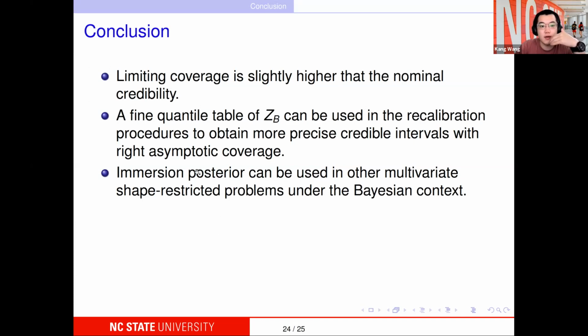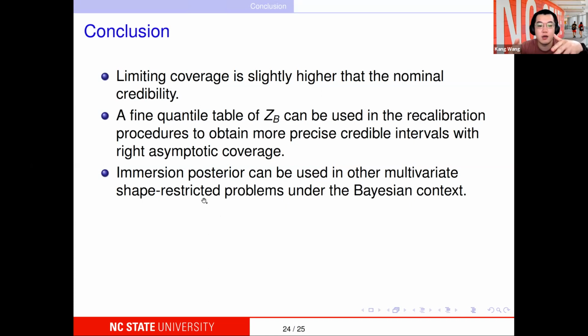And also we need some fine quantile table of ZB to apply the recalibration procedure to obtain a shorter credible interval.